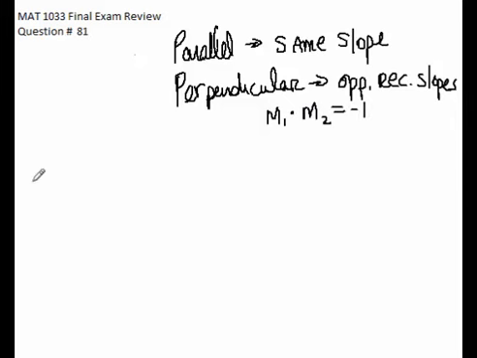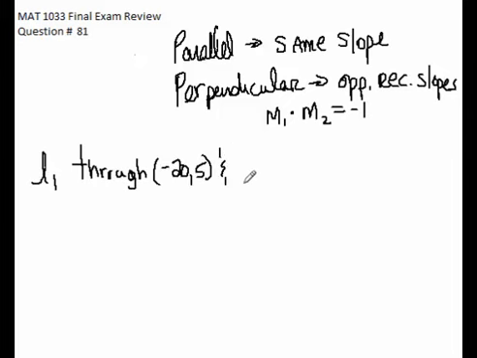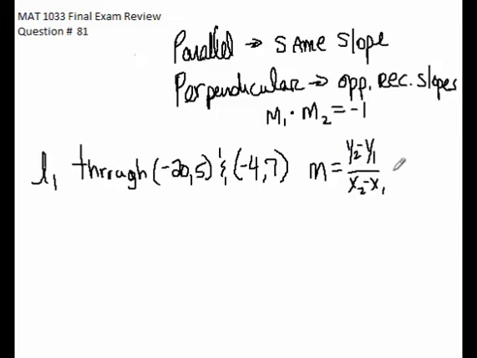Alright, so here's what we have. We have line 1. It goes through -25 and -47. In order to find the slope of this line, because we've got to compare the slopes, we would find the difference in the y's, so y2 minus y1 divided by the difference in the x's.